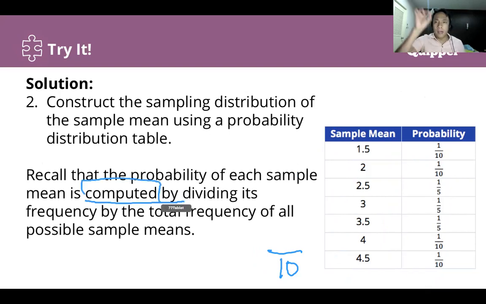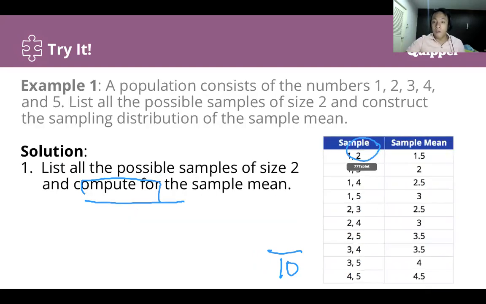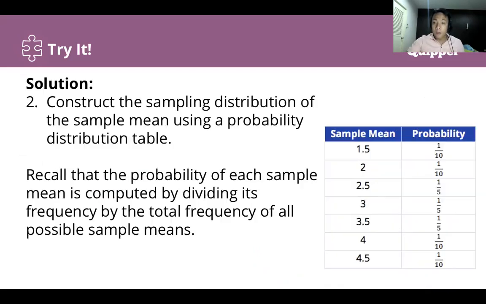So bibilangin lang natin ilan yung 1.5. Okay, ilan yung 1.5. Here, we only have one 1.5, right? So that's why we found 1.5 as 1 over 10. It's because there's only one 1.5.